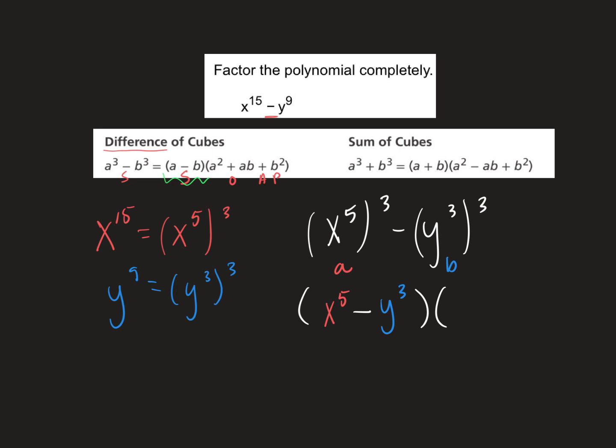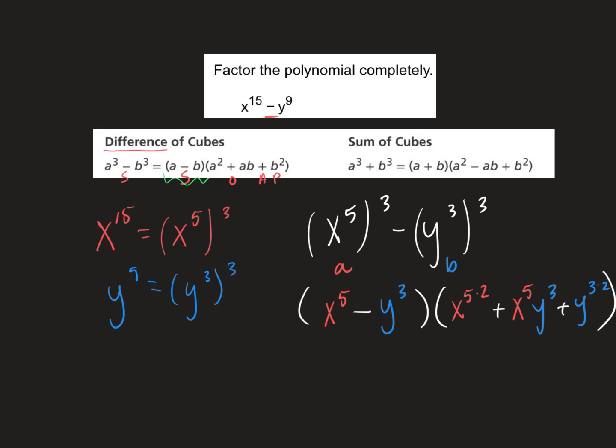Then it's a squared. So a squared is x to the 5th squared, plus a times b. So x to the 5th times y to the 3rd. Always positive, plus, and then b squared is y to the 3rd squared.